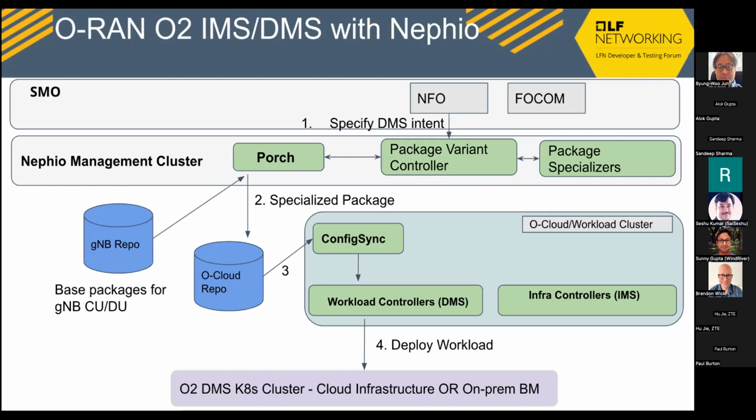I have the SMO and NFO or FOCOM, which knows how to call the standard API. Underneath, it does not know; it could be Nephio. The high-level intent created by that shim layer is reconciled by this package variant controller. So this whole thing logically is the O-Cloud for this SMO.